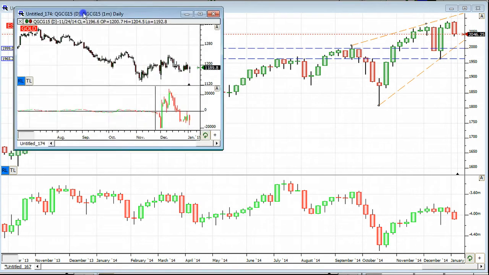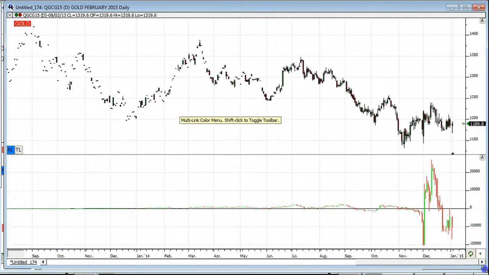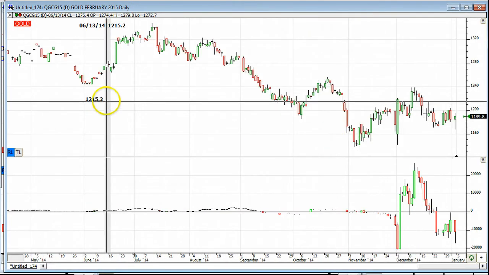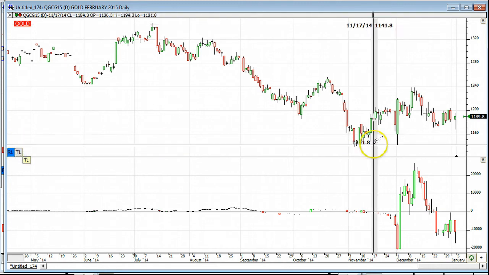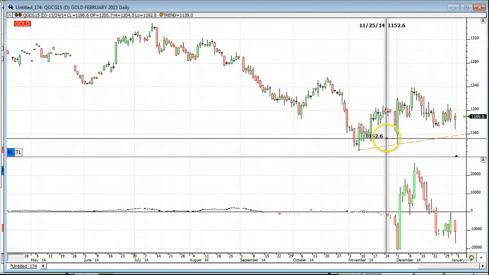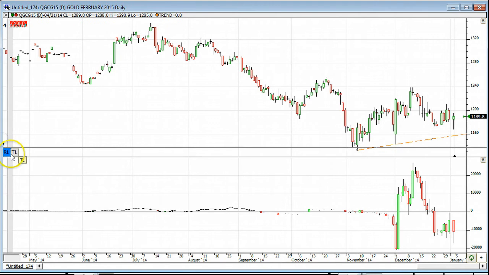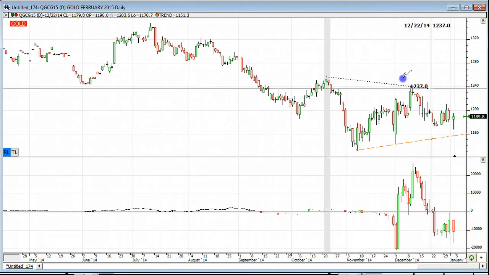Let's now bring the chart of gold and see what's going on. Gold is in a very important consolidation pattern, and this consolidation pattern is calling for a very colossal move to come. We can border the consolidation by hooking these two contact points down there, and then we can put in the contact points on the upper part.